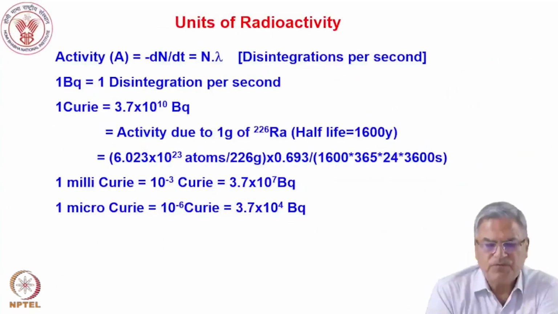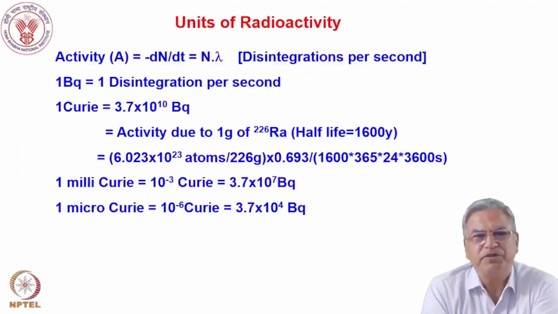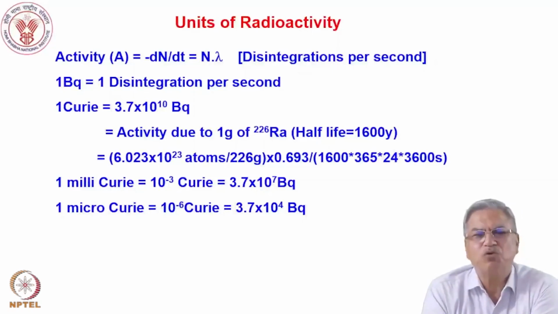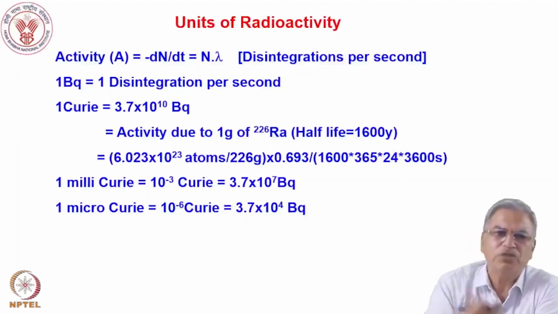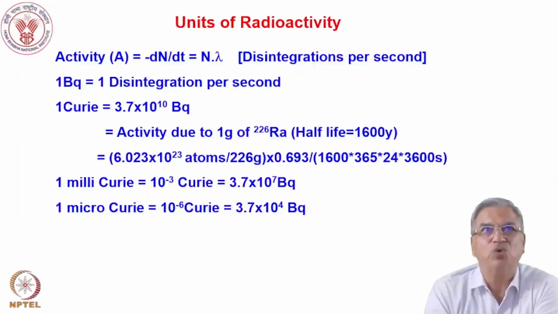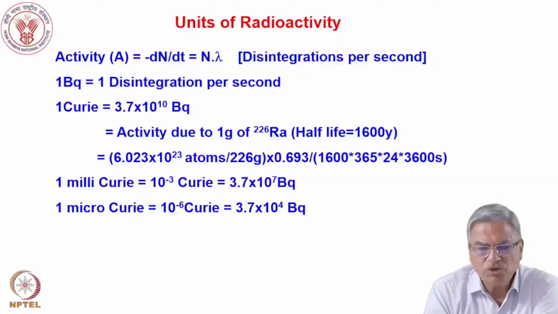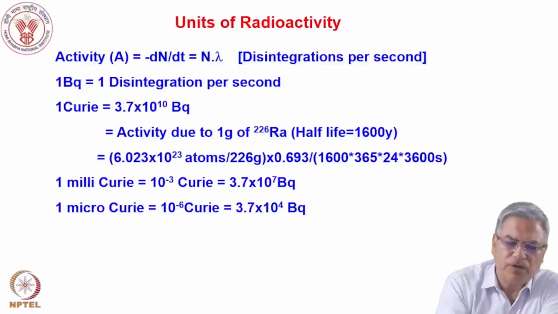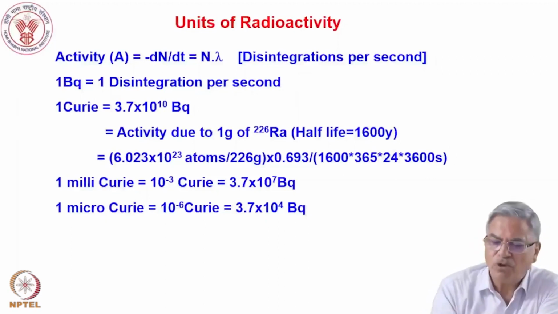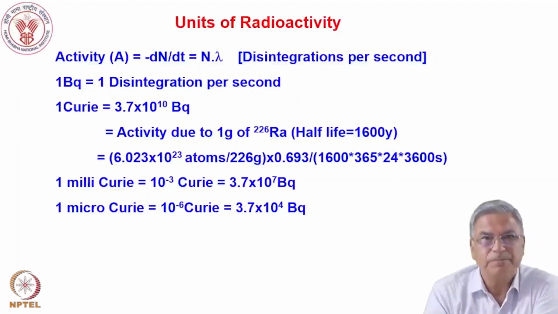Before we proceed further, when we do measurements, we don't measure the activity directly. We measure the counts. Our detector system gives you counts, and so if you say counts per second, we have to convert into activity. There are some factors called detection efficiency and so on. So the unit of activity, minus dn by dt, number of atoms decaying per second, equal to n lambda, is called disintegrations per second.